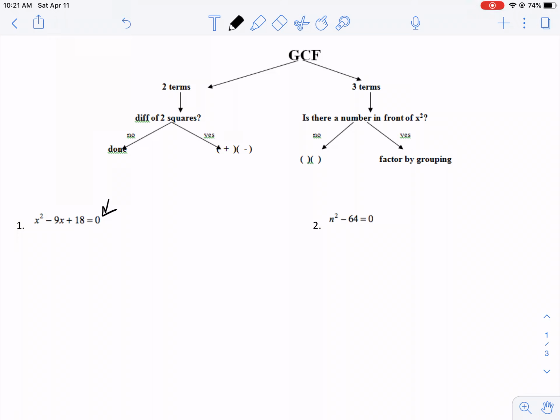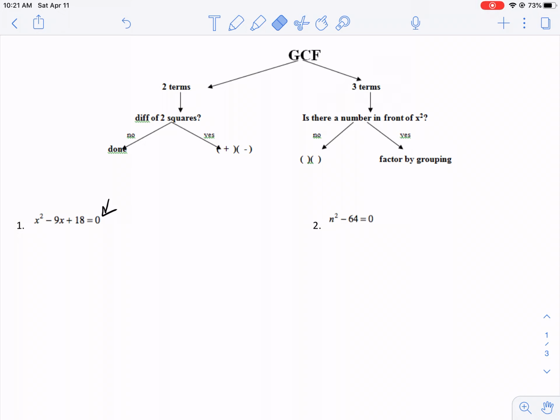To factor completely, you look for GCF first. I have 3 terms. I do not see any number or letter that goes into all 3 of those terms. So other than a 1, we have no GCF, and 1s don't help us, so we move on to the next step. I notice that I have 3 terms in this quadratic.